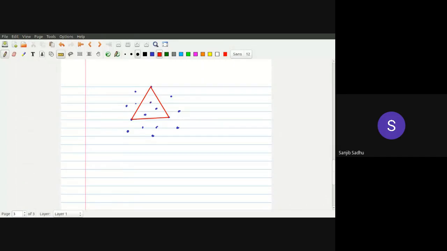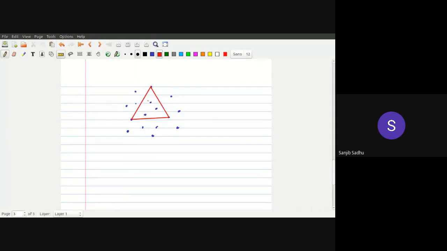You check it. Am I sure that this point and this point cannot lie on the convex hull boundary, the points that lie inside the triangle? Is it possible they will lie on the convex hull boundary?